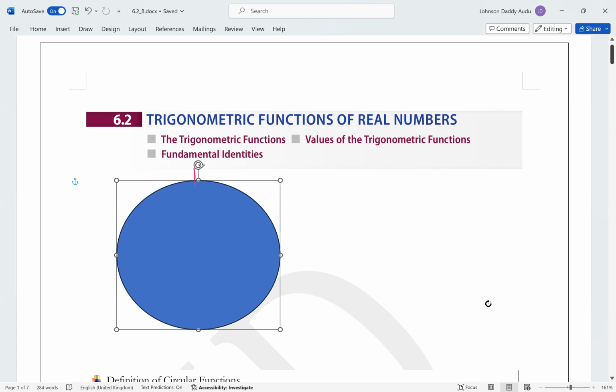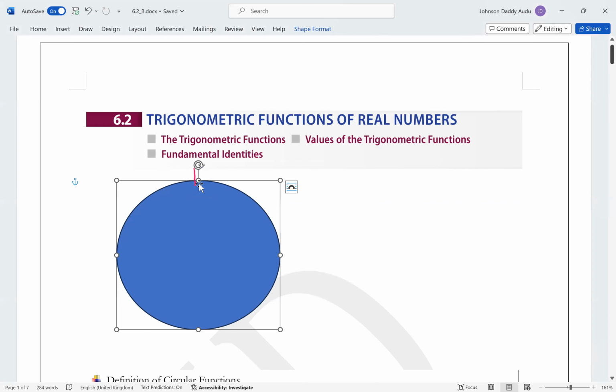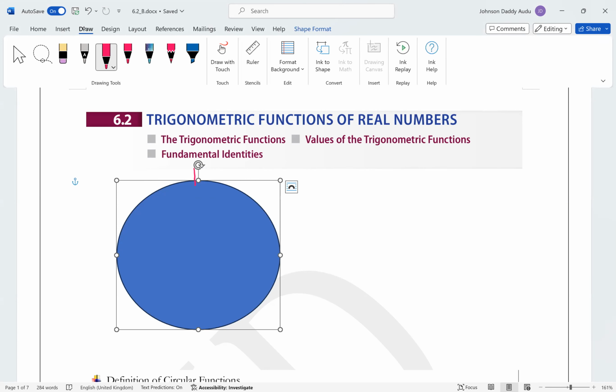So let's say we have a unit circle. When I say unit circle, we're talking about a circle of radius 1.